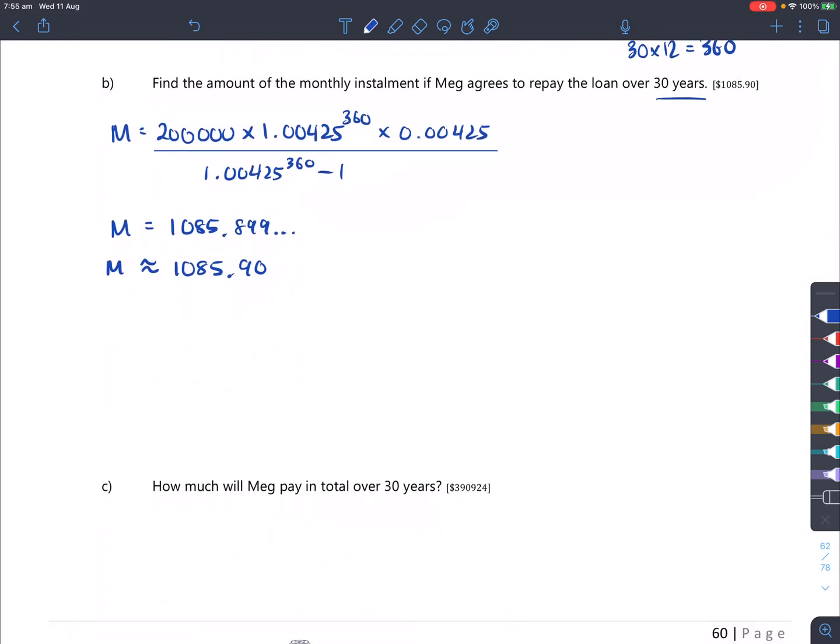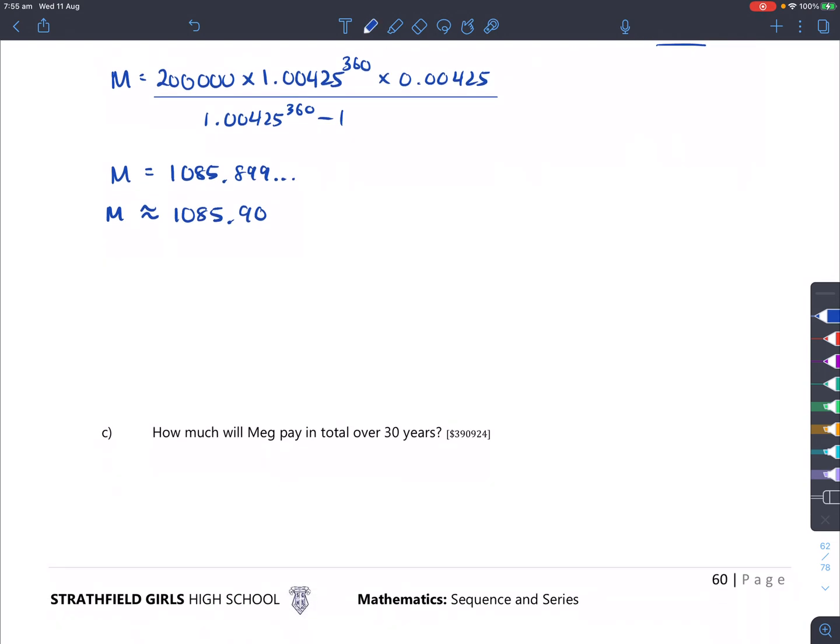Question C. How much will Meg pay in total over 30 years? So in 30 years' time, this monthly repayment includes interest. So we're going to multiply this by 360 of them. So Meg pays 1,085.90 times 360.